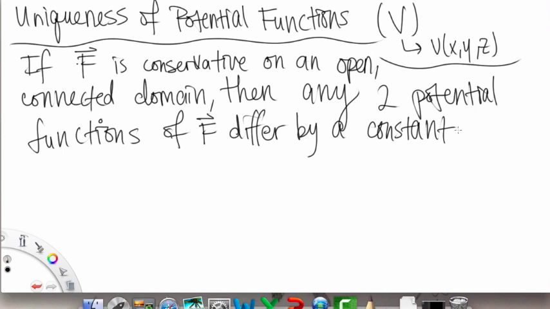Okay? And constant meaning just a non-variable thing, so like a number.